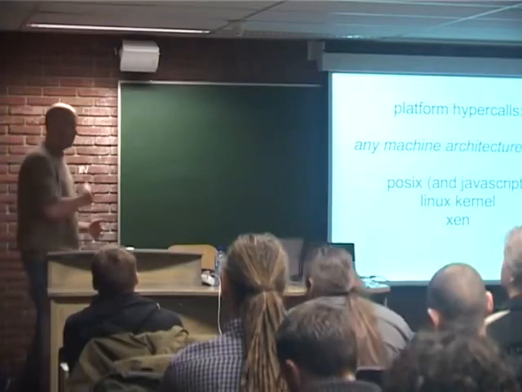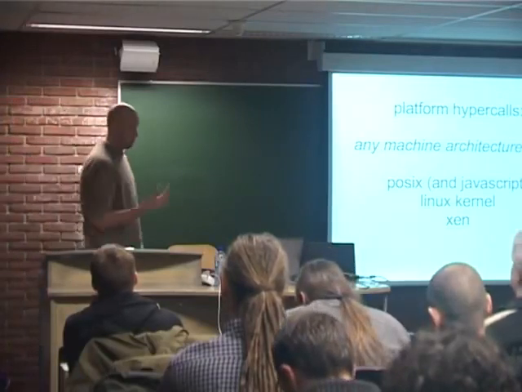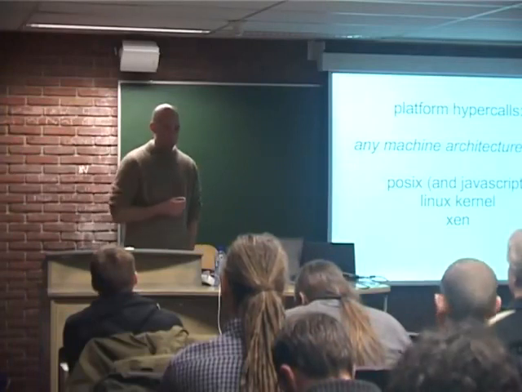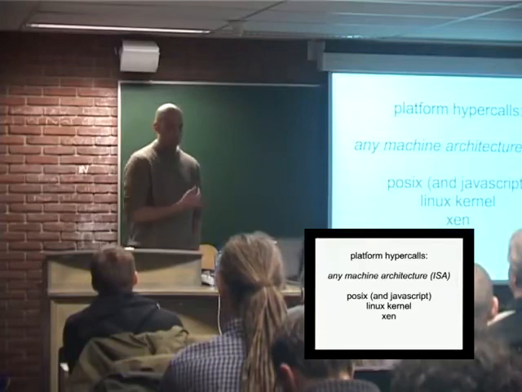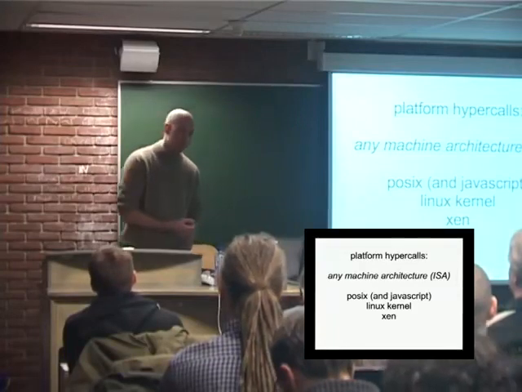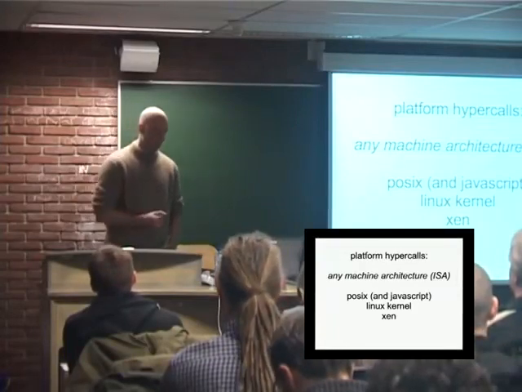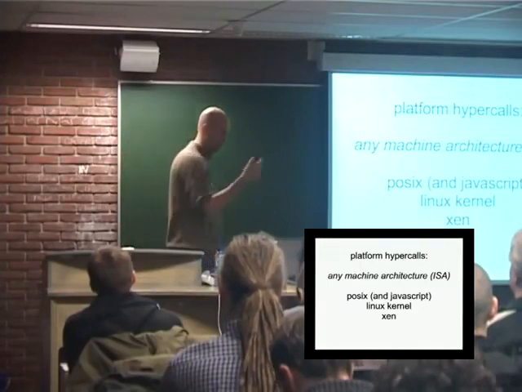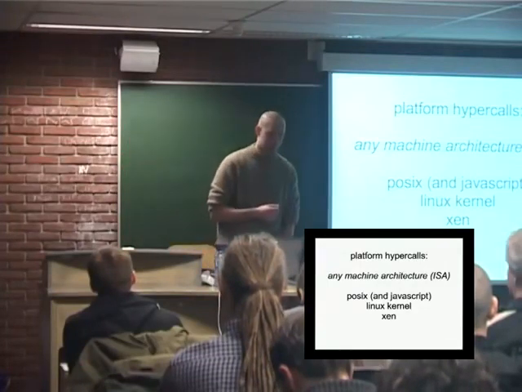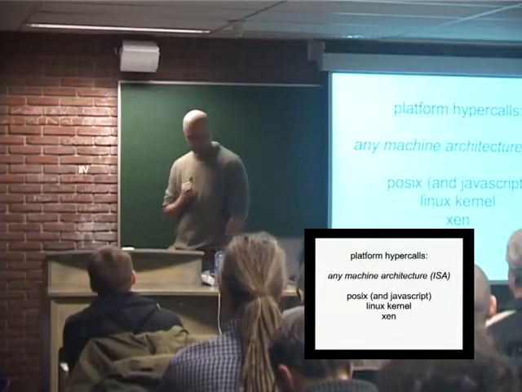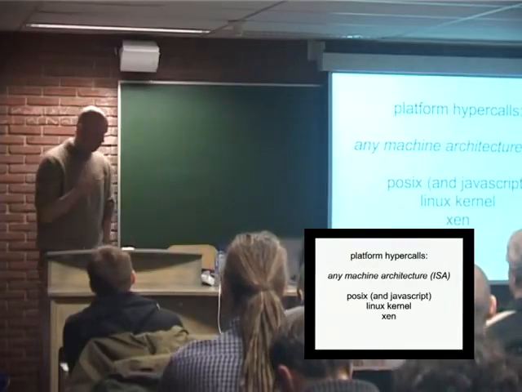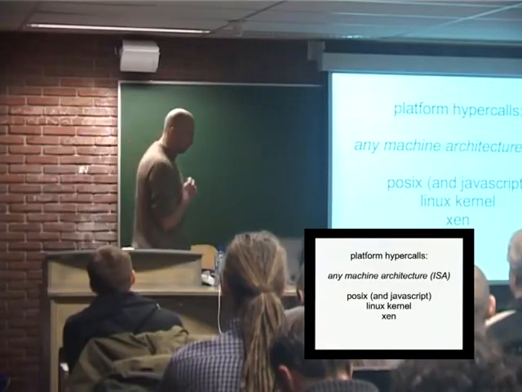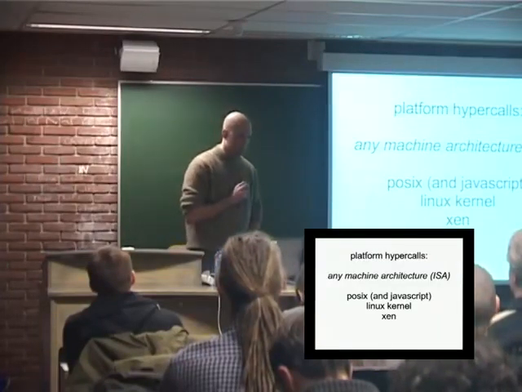A mutex lock has to happen via a hypercall, because the Rump kernel cannot do scheduling. If the lock is taken, then you need to inform the host that, hey, now I can't run this thread, please block it. So platform level hypercalls are one, and I/O hypercalls are the other.